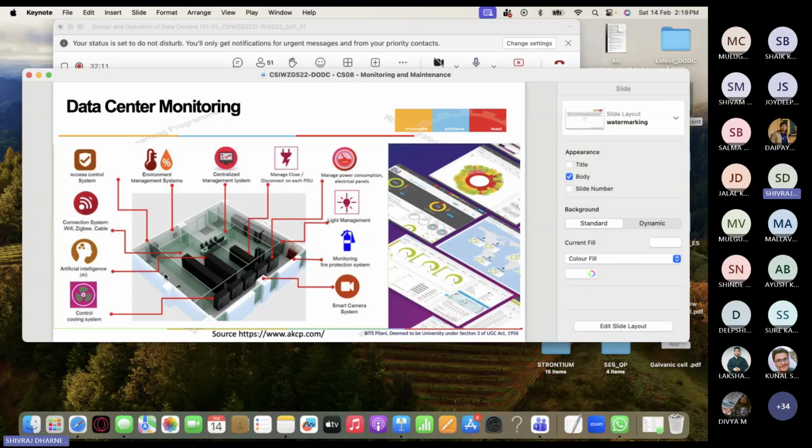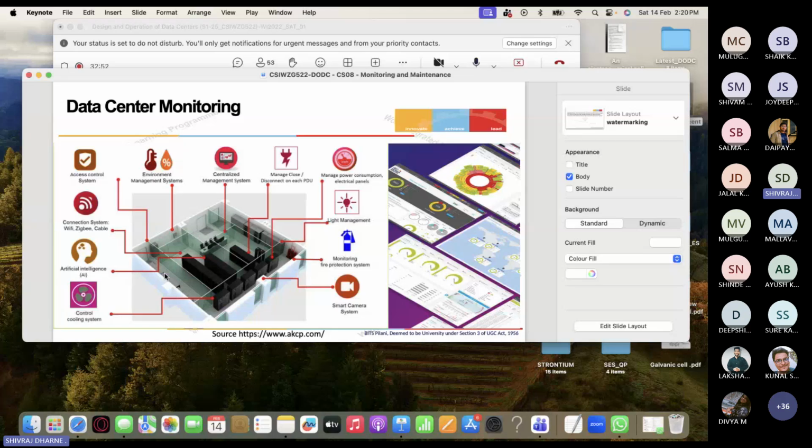So this is a very good picture. I thought it will help you understand what all we monitor in a data center. You can see I just talked about the access control system. There will be some Wi-Fi, Zigbee, cable connections, some AI based software, and some control for cooling systems and the environment, temperature and humidity, as I told. And then we talked about centralized infrastructure management. There will be software systems installed.